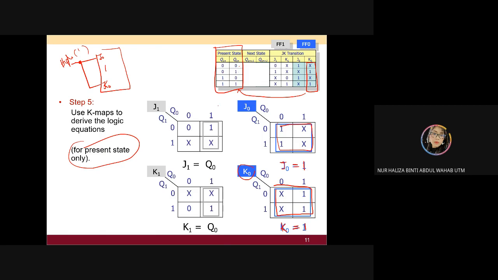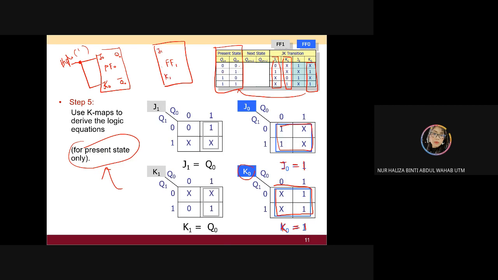Second, you're going to have J1, K1, but still remember you're going to refer only for the present state 0, 0, 0, 1, 1, 0, 1, 1. And at this condition, okay, FF0, going to have Q0, Q0 bar, and you're going to have your another FF1, J1, K1.